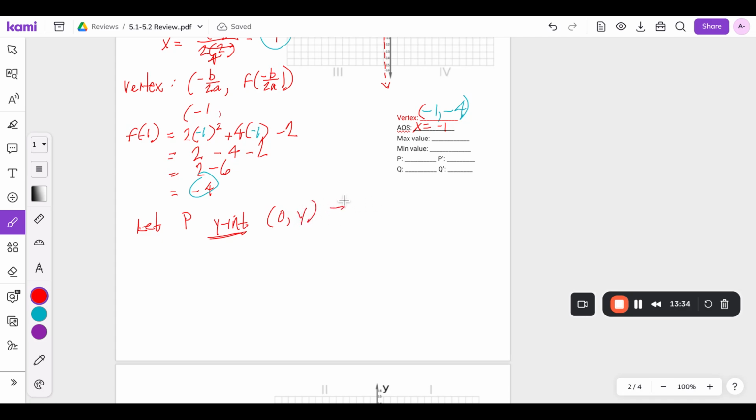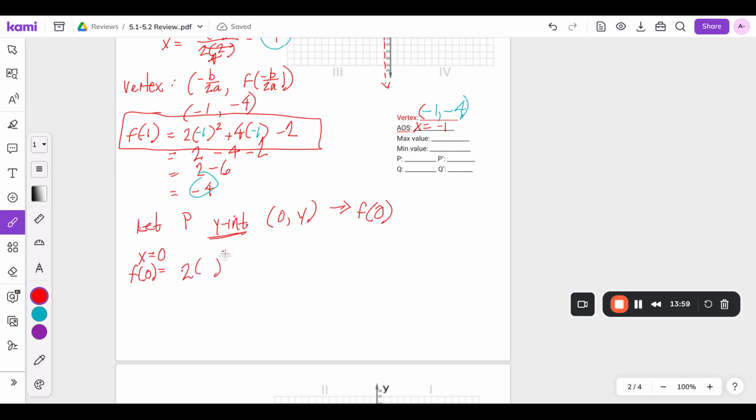So you're really finding f of 0, because anywhere on the y-axis, the x value is 0. So we're finding f of 0.